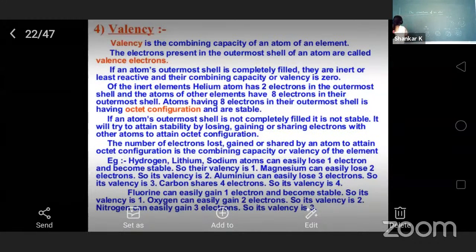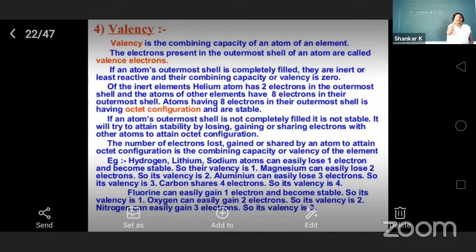For example, magnesium, 12, has the electronic configuration 2, 8, 2, right? So the electrons present in the outermost shell of an atom are called valence electrons.